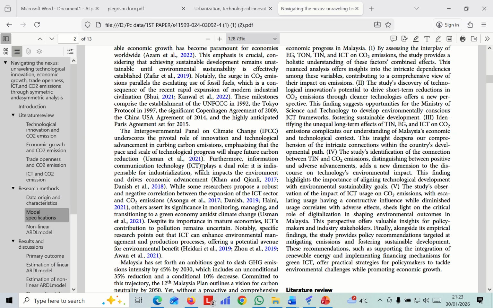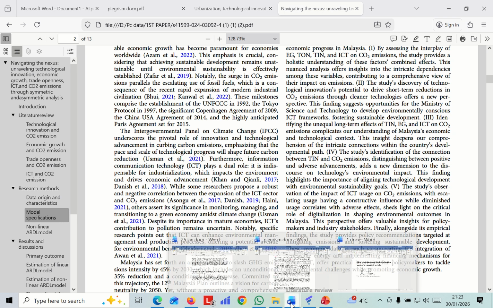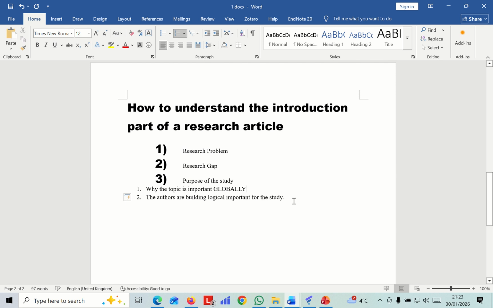Different studies show mixed results, which means there is no clear conclusion yet. What is the key point of this paragraph? This shows conflicting evidence in the literature, which is very important in an introduction.